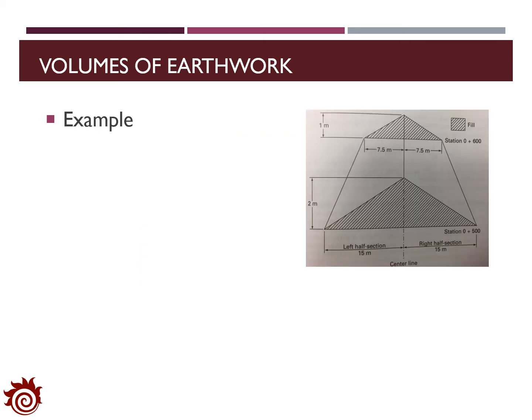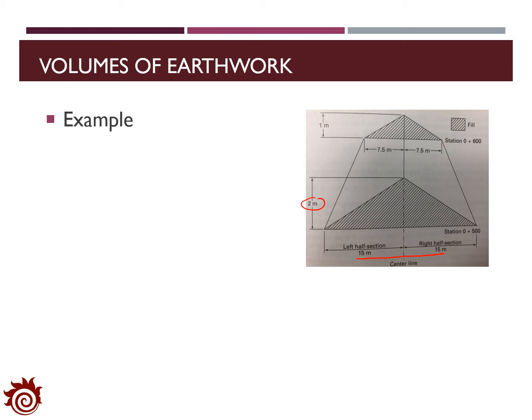Now let's see one example for the estimation of the volumes of the earthwork. The figure here shows the settings for this example, assuming that the cross-section area at both ends are triangles. At the initial point, the base of the triangle is 30 meters and the height is 2 meters.